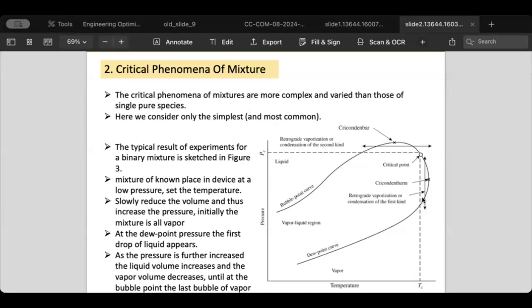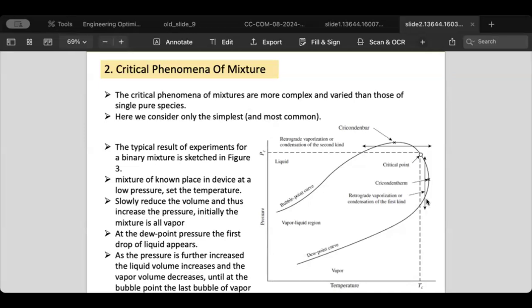What happens once we reach this point? We reach the dew point curve, right? And we enter the vapor-liquid equilibrium.